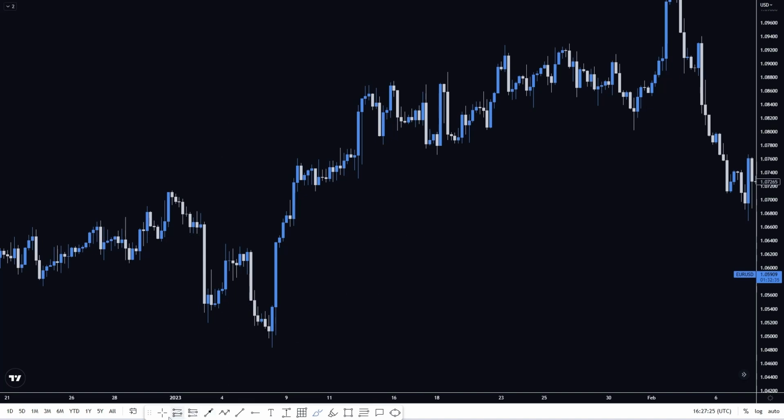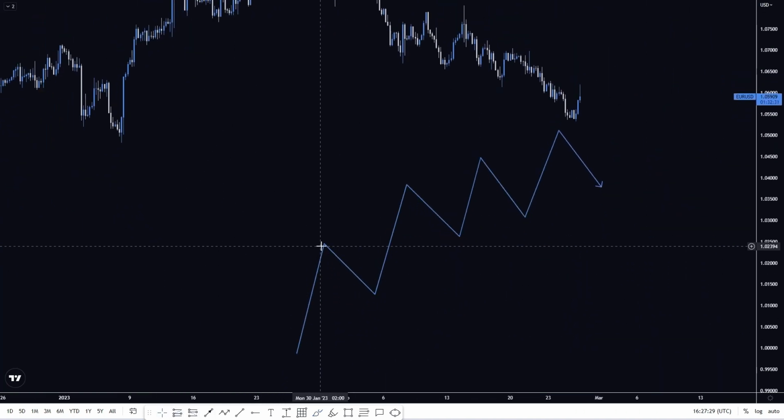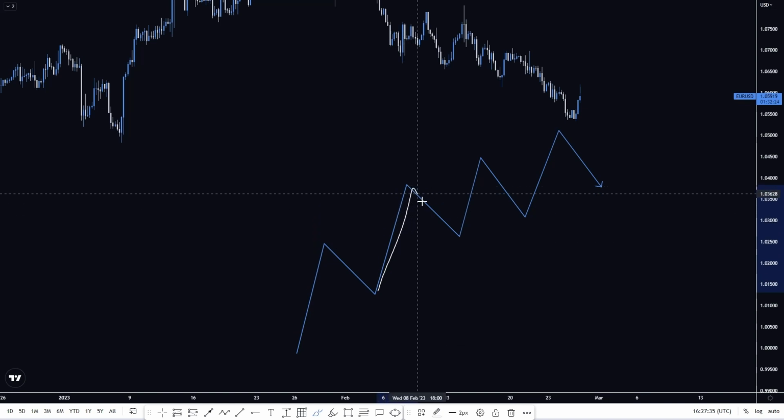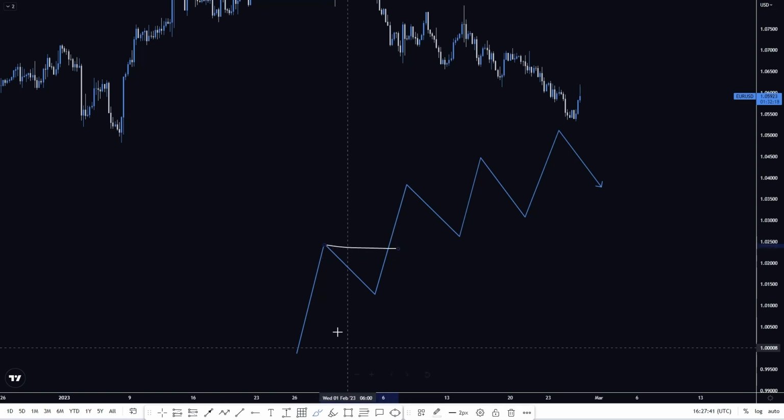So although we understand that the general concept of the market is to move in these impulses and corrections, what we can look at is how these new impulses and corrections are actually being portrayed in the market.